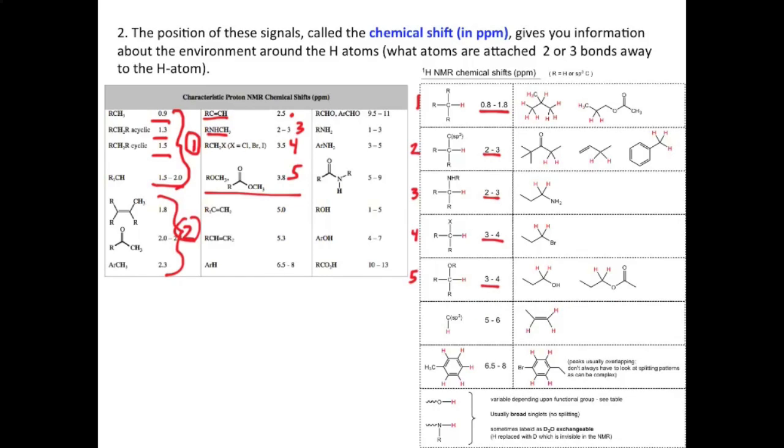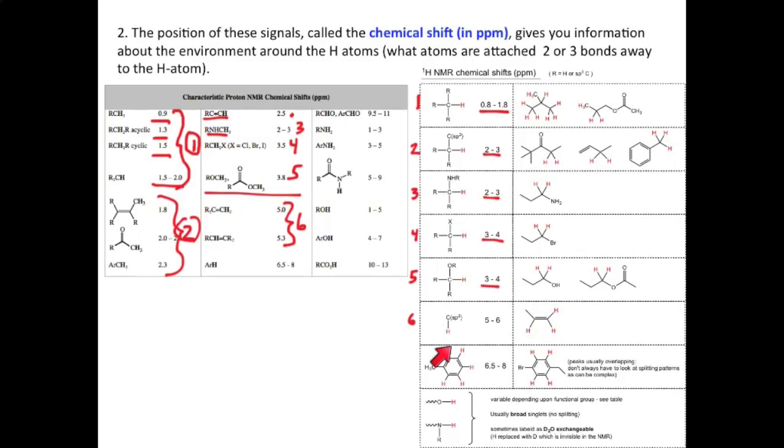Now we're going to change gears a little bit. If you notice all of the examples, 1 through 5, I'm looking at hydrogen connected to sp3 carbon connected to something else, sp2, N, X, or O. Now we're going to be talking about hydrogens connected to sp2 carbons themselves. So next in our example, H to sp2. This is the 6th row in my table.